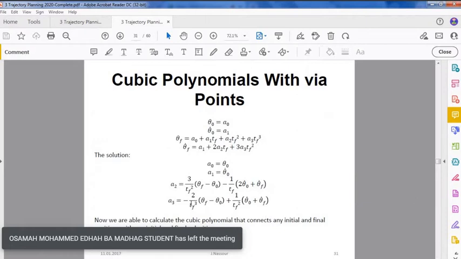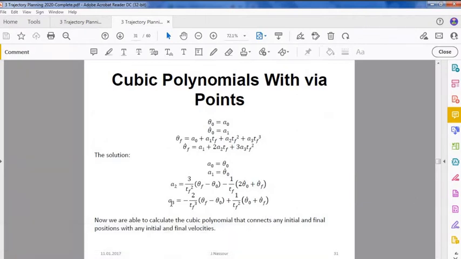Okay, to define A2 and A3 for cubic polynomial with via point, you need to use this formula. So A2, A3. Before this, you just use only this formula.